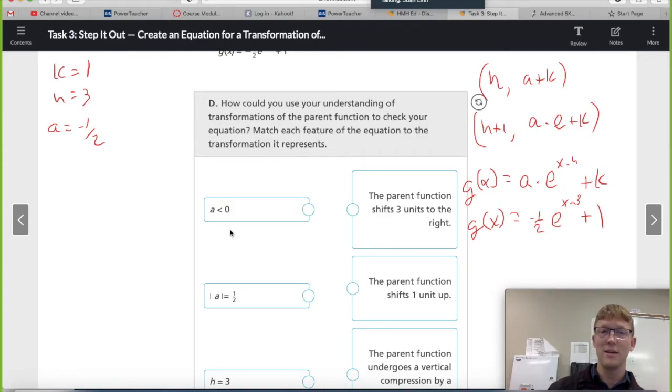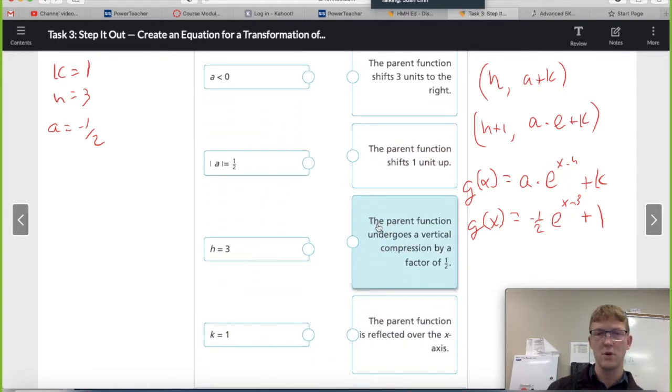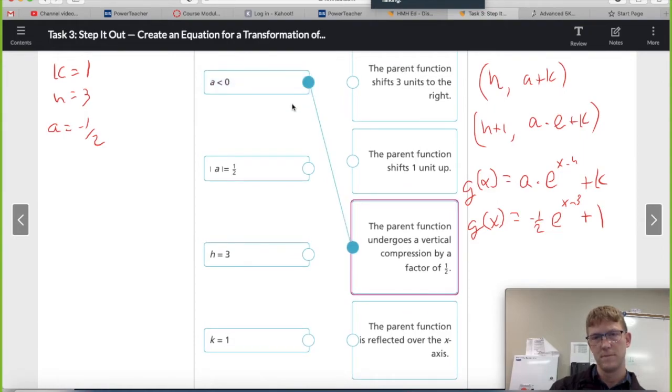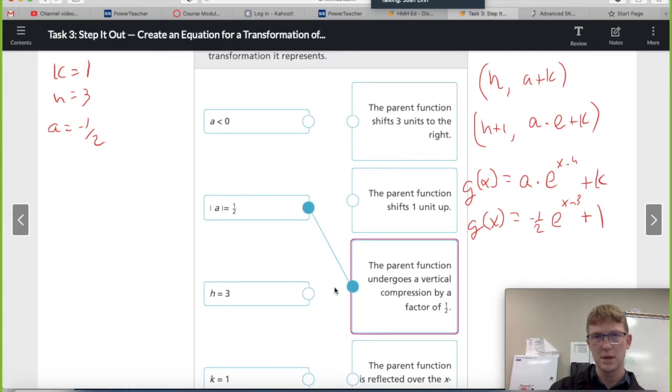So a is less than 0, so the parent function doesn't shift anything because of the a. Parent function still doesn't shift anything. Parent function undergoes a vertical compression by a factor of 1/2. Yeah, I'll go for that. Or is it this one? We'll see what some of the other ones say. So the absolute value of a equals 1/2.